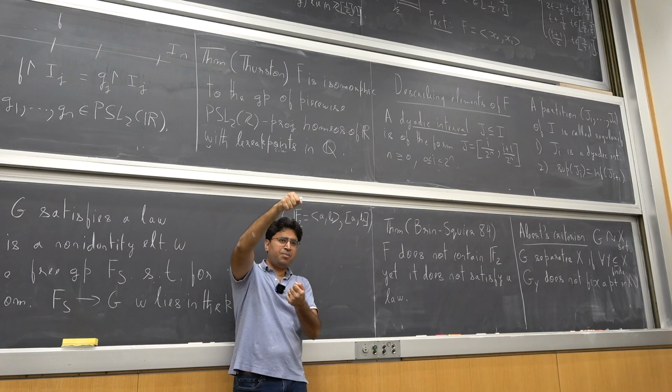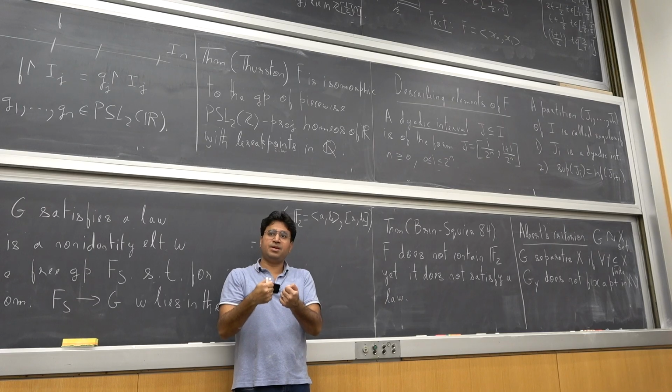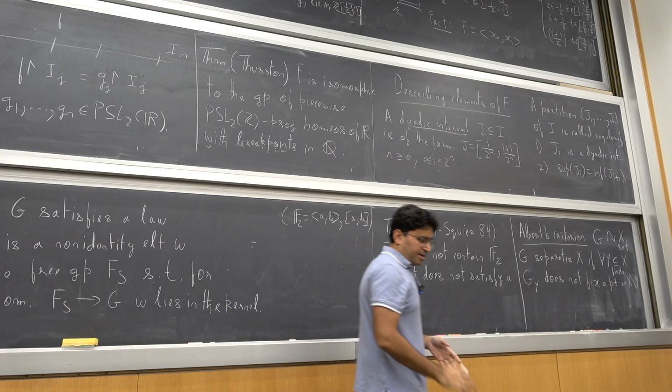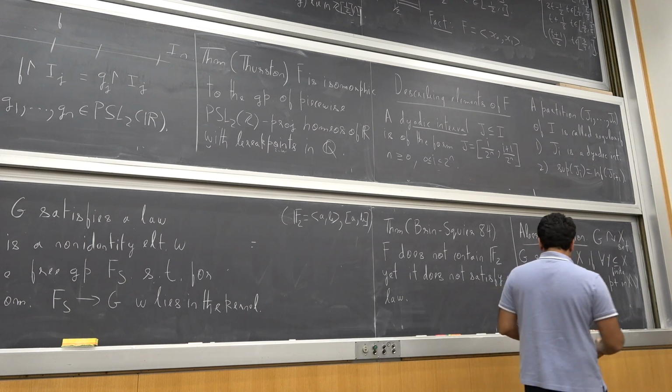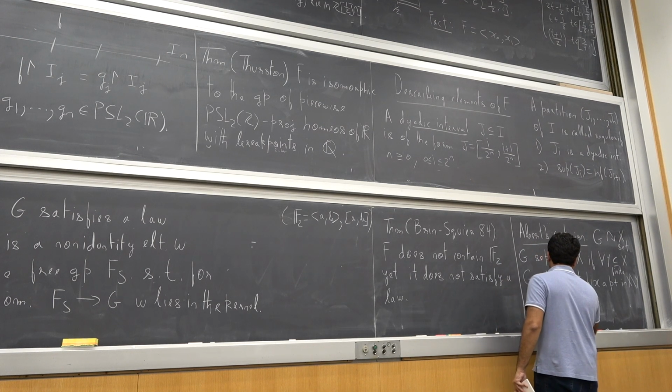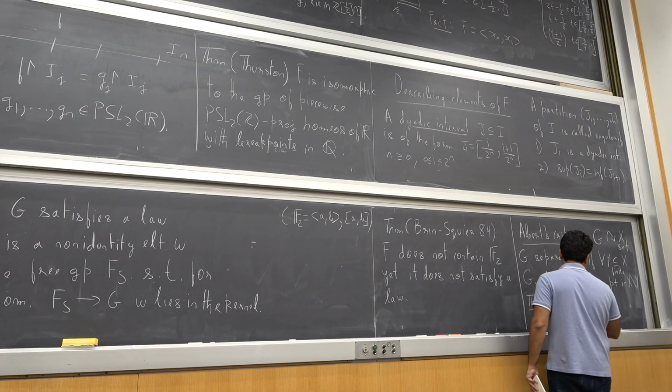So for every point in the complement, I can find some element of the subgroup that moves that point, right? So the theorem of Hébert is that such a G does not satisfy a law.